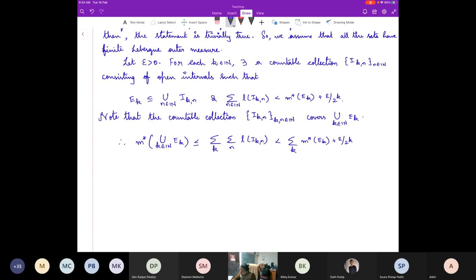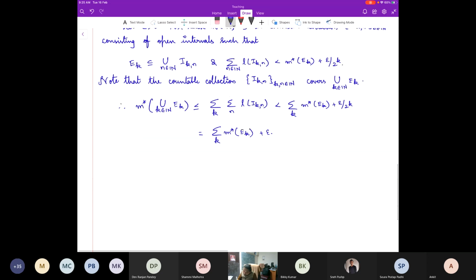Now the summation over k of 1 upon 2 raised to the power k is exactly 1, and therefore this is going to be the summation over k of m star of Ek plus epsilon.